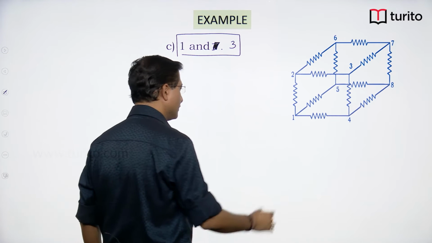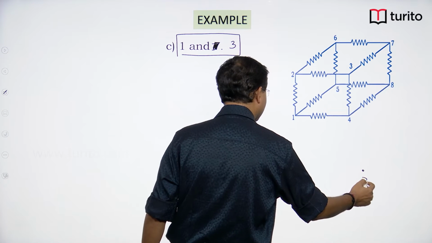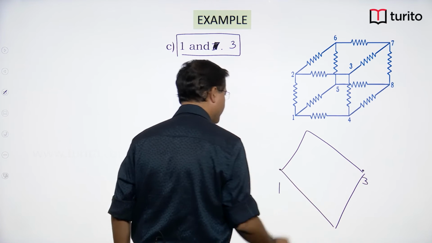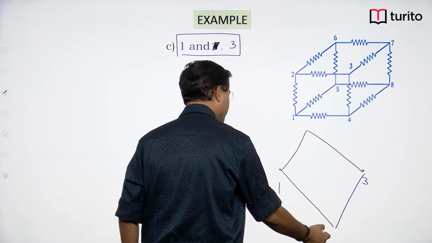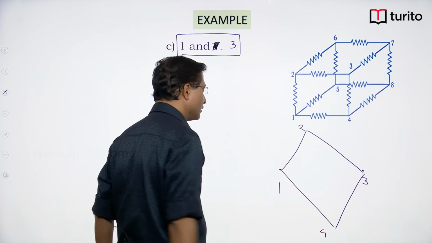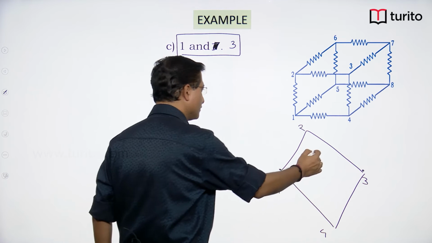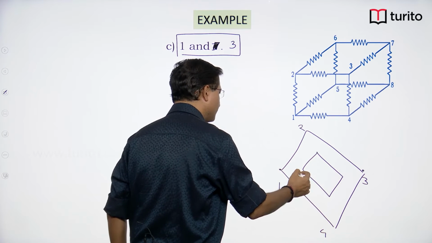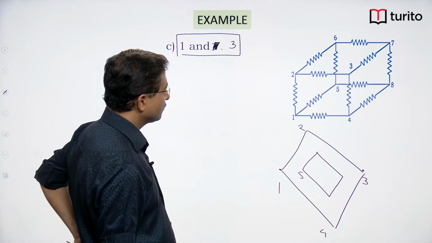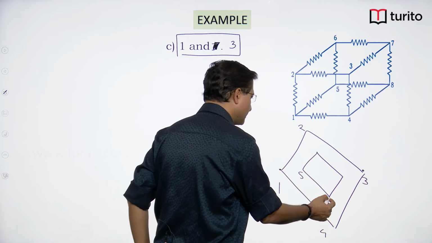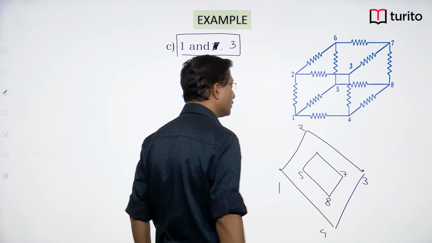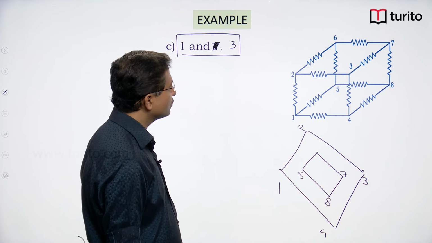Let us draw the diagram. 1 and 3, say this one 4 and this one 2, and I am pressing over this one. 1 is connected to 5, so I can visualize it this way, 5, and then 4 is connected to 8, this is 8, 3 is connected to 7, this is 7, 2 is connected to 6.